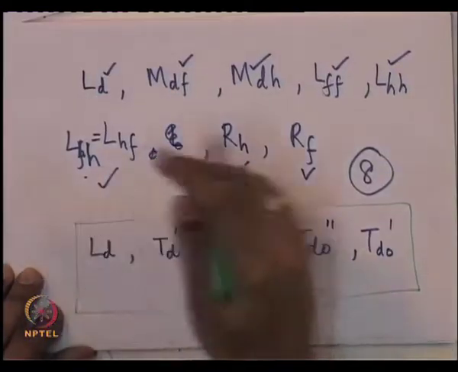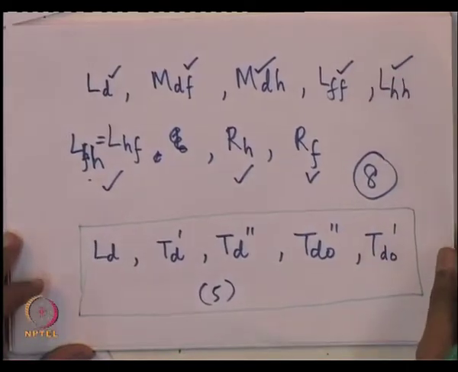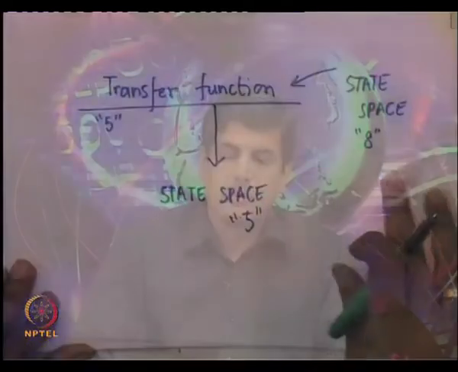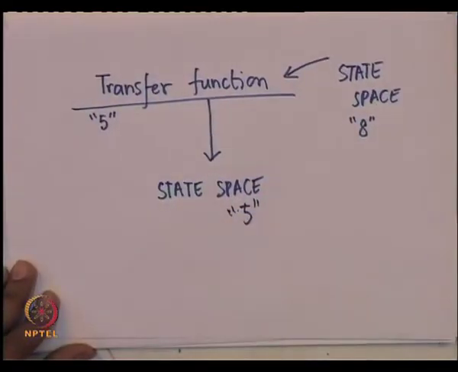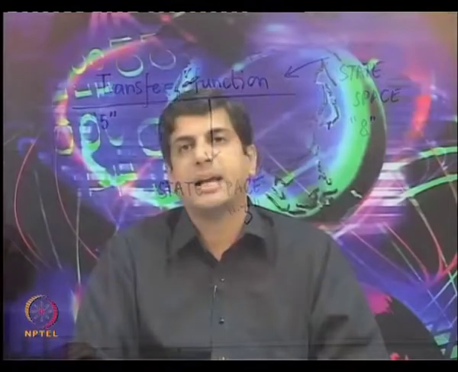So, there is only one way of getting meaningful state space representations with a larger number of parameters than what are obtained by measurement, and that is by making certain approximations.